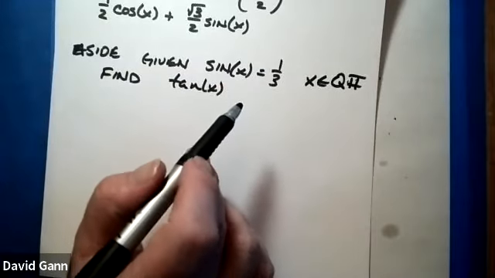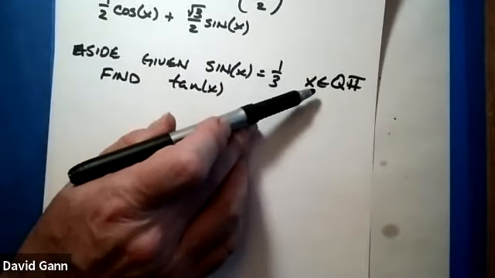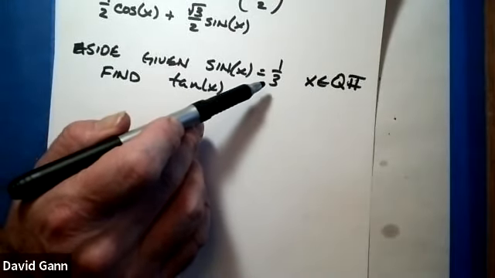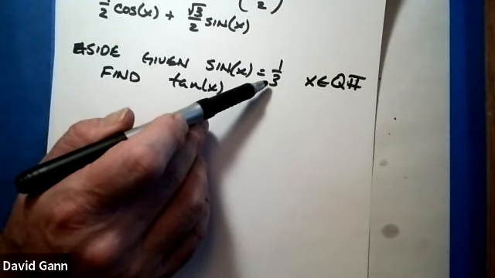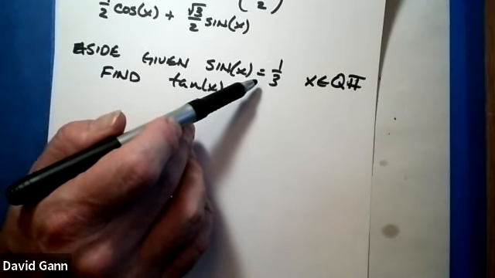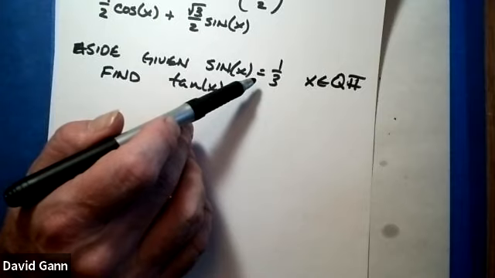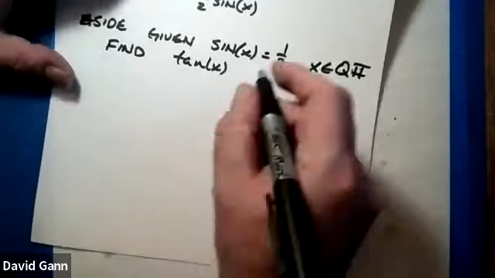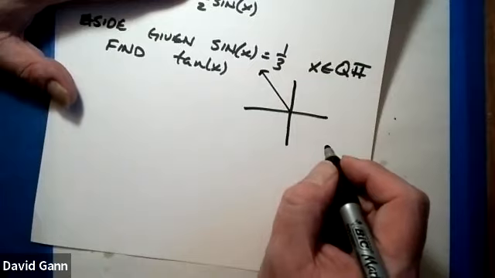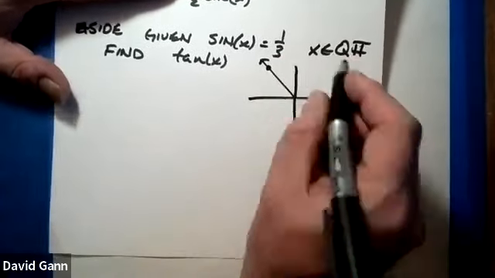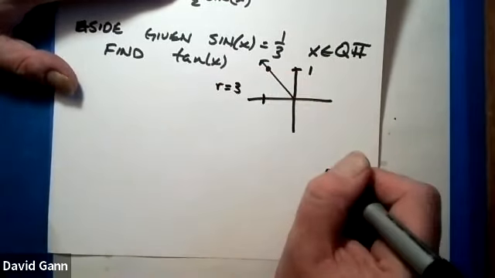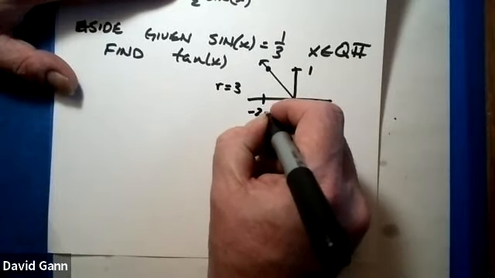And we proceeded by saying, here's a way we can do that. We can draw an angle in quadrant 2. We can then assign a point on that terminal ray that's a distance 3 from the origin and whose y value is 1. Fill out the remainder, the other side, which in this case is going to be square root of 8, so 2 root 2, negative 2 root 2. So here's the angle in quadrant 2. It has a point P with a y value of 1, r equal to 3. You'll find if you do this that the x value will be negative 2 root 2.